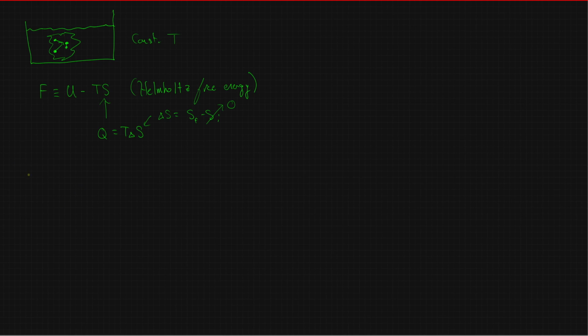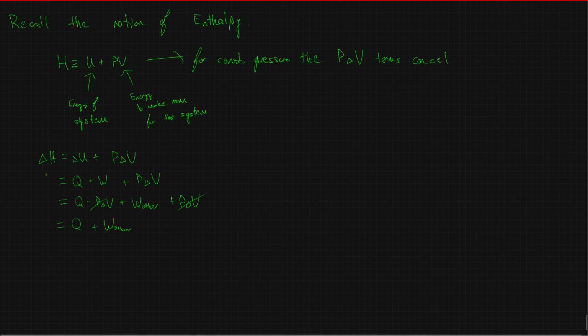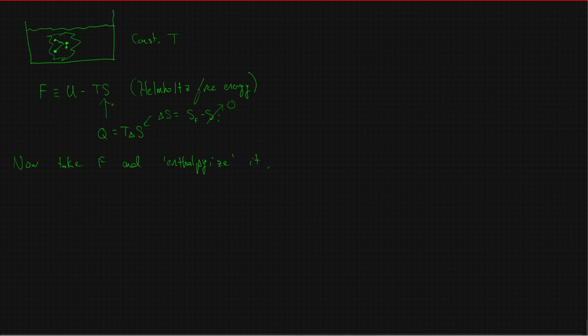All right, so now what I am going to call enthalpyize this right here. Take F. What I mean by enthalpyize is that we're now going to also take into account a situation where we could get an enthalpy-type version of this free energy.